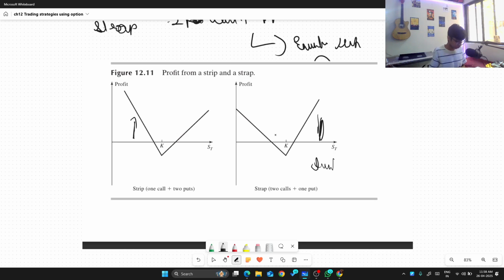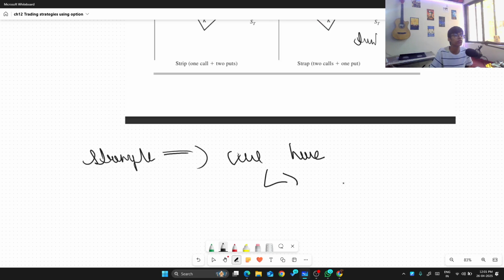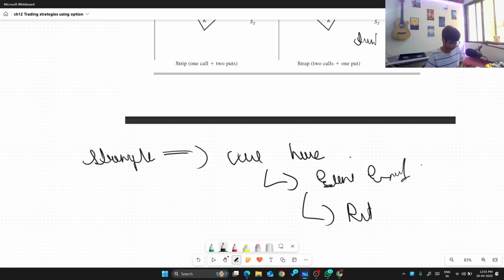Let me go to strangle. In a strangle we have two options with the same expiry, but the strikes are different.